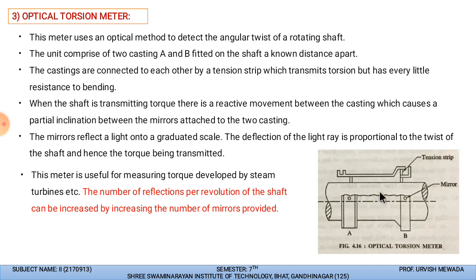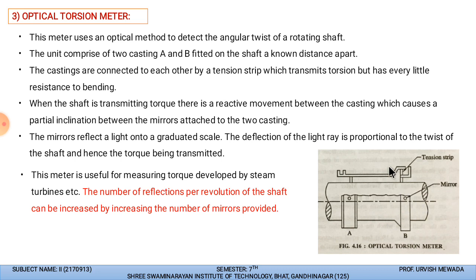This meter uses an optical method to detect the angular twist of a rotating shaft, and the unit comprises two castings, A and B. These two castings are placed on the rotating shaft on which we are measuring the mechanical twist and torsion, and they are fitted on the shaft at a known distance. This is the distance between A and B, and it is known.